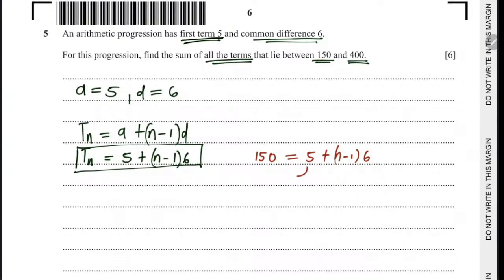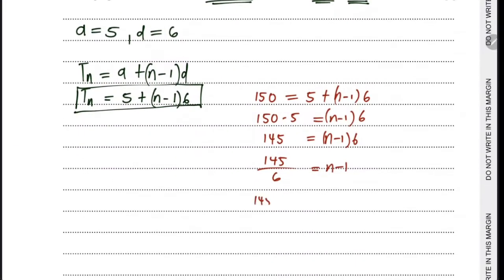5 goes to the other side. It will subtract. 150 minus 5 is equal to n minus 1 by 6. 145 is equal to n minus 1 by 6. 145 over 6 is equal to n minus 1. So 145 over 6 plus 1 is equal to n.